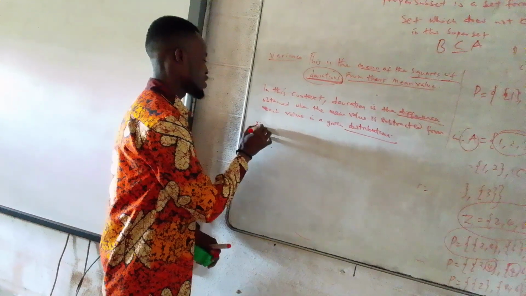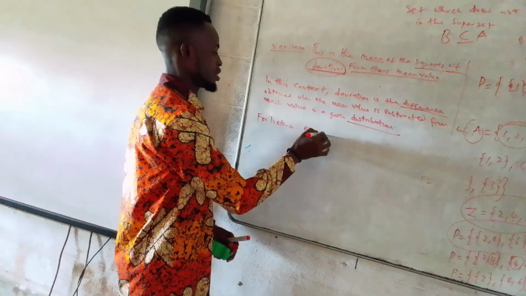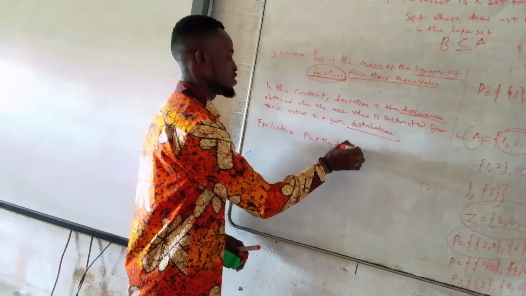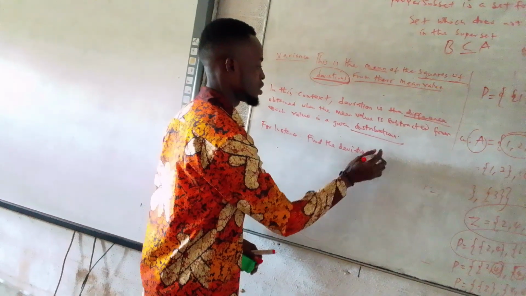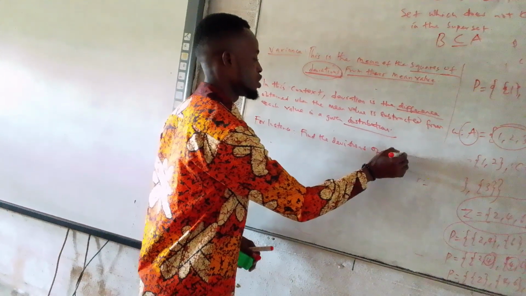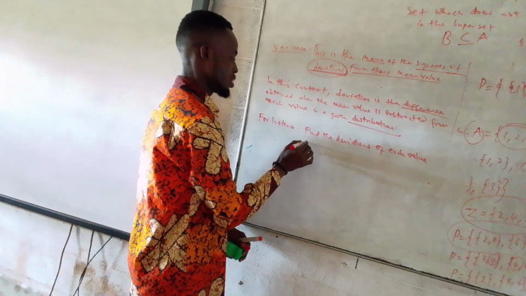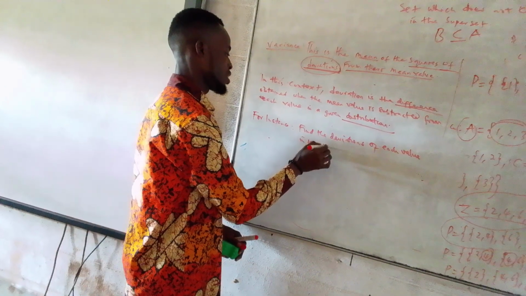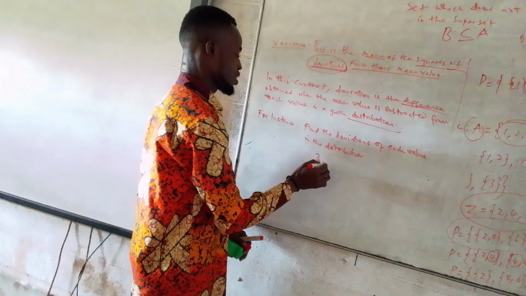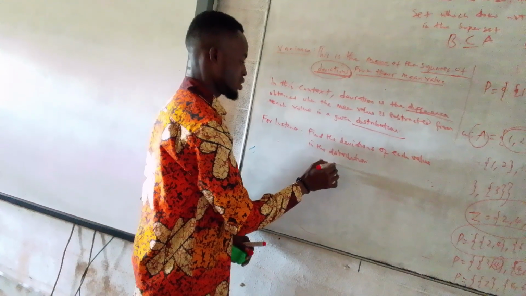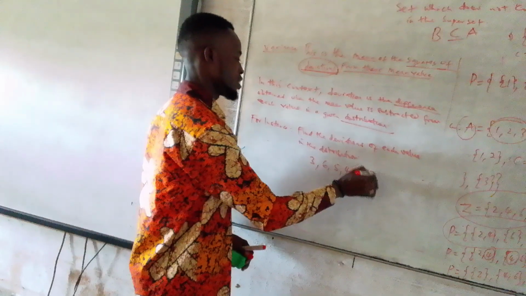So let's take for instance, if you are asked to find the deviations of each value in the distribution 3, 6, 5, 4, and 7.